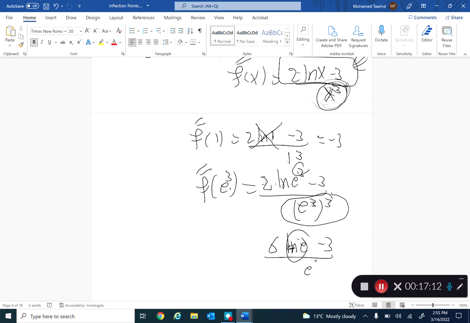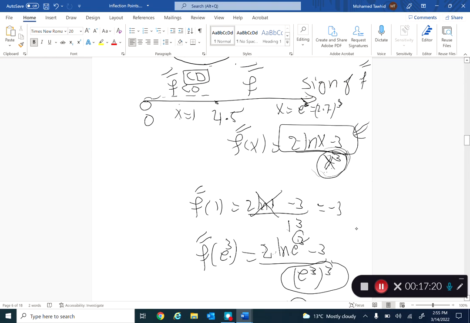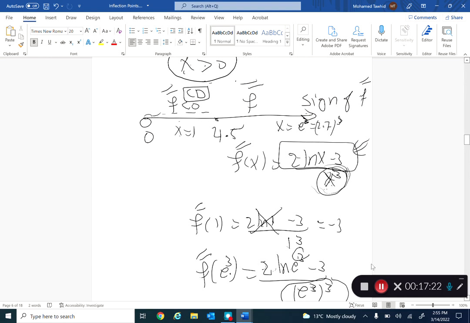So you get something positive. Or just replace x by 5 and use technology to compute the second derivative at 5. You'll see it's a positive sign. So the graph is concave up.